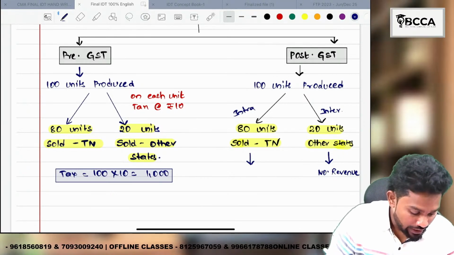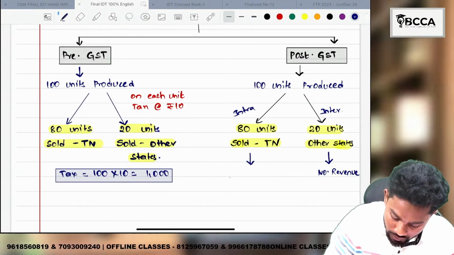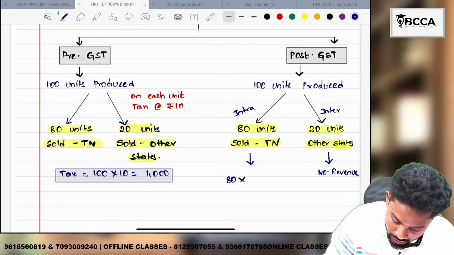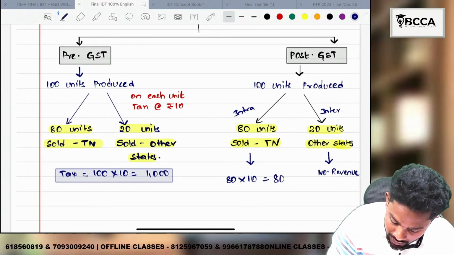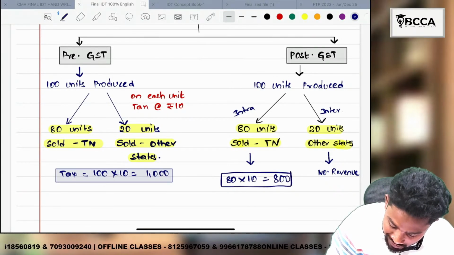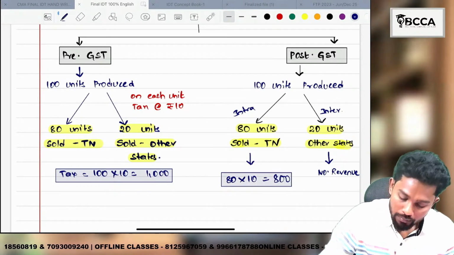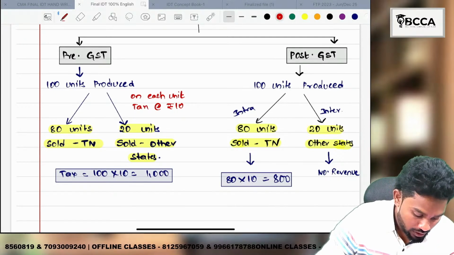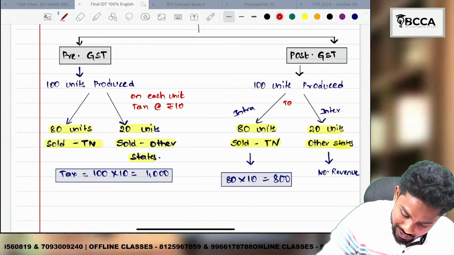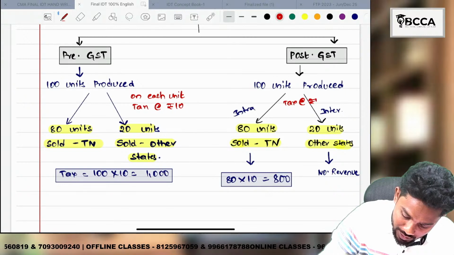But on these 80 units, there will be revenue of 80 into 10, which is 800 only. So if you see, I didn't write the tax amount now. Tax at rupees 10.